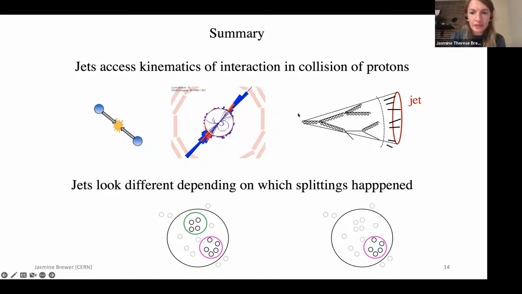And in addition to accessing the kinematics of the hardest initiating parton, you can also look inside of jets and look in more detail at individual splittings that happened in the development of the shower. And this idea is part of jet substructure.